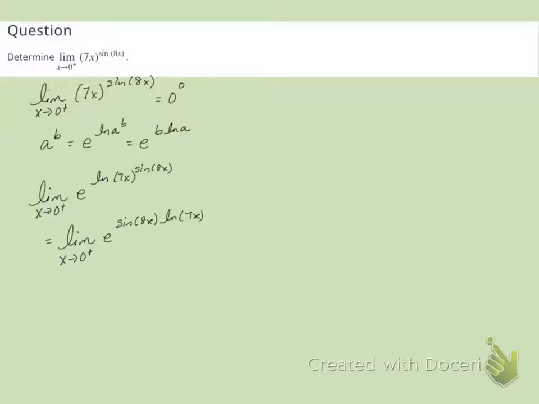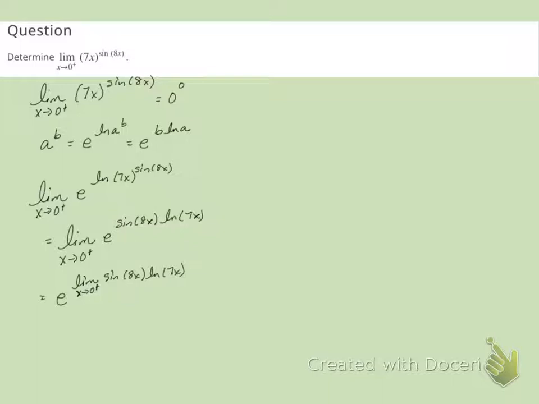Now because e is a continuous function, I can pass the limit through this, and this is really the same as e raised to the limit as x approaches 0 from the right side of sine of 8x ln of 7x. So my focus is this exponent.